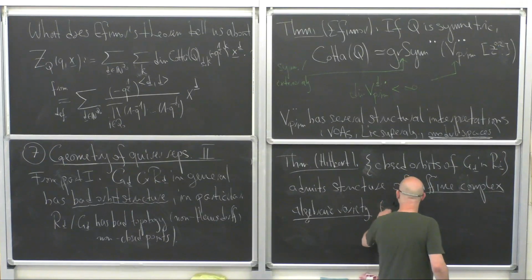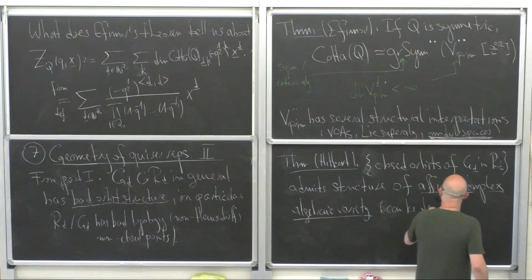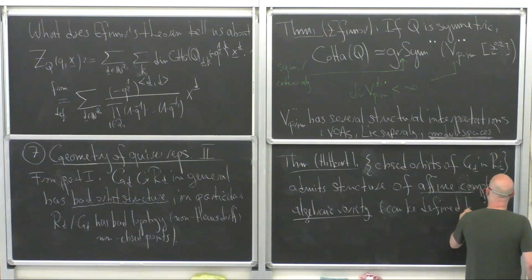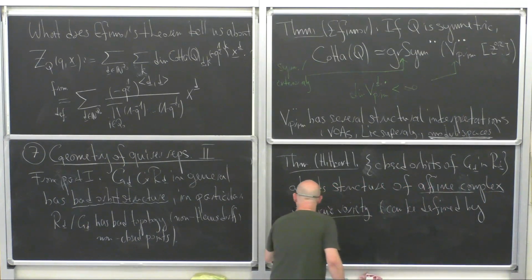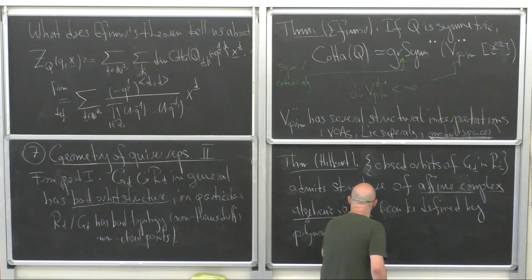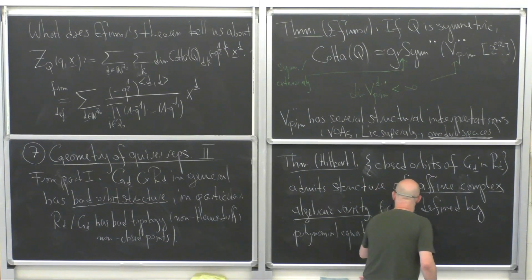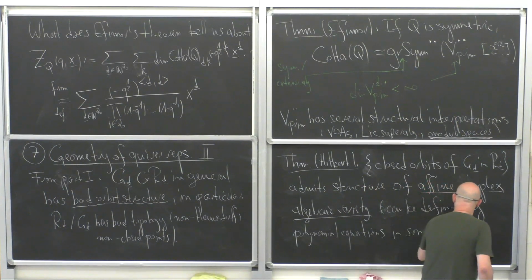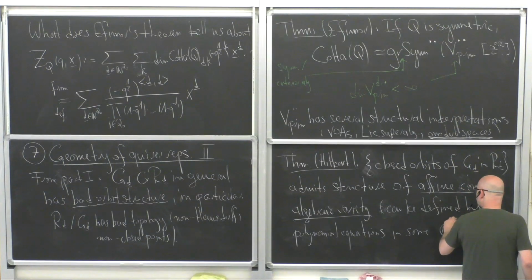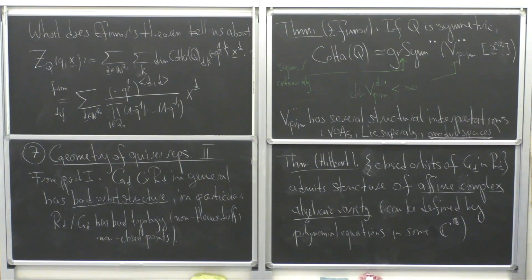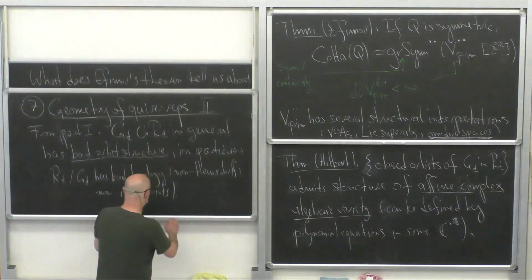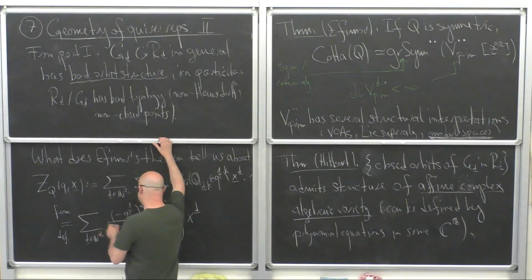So this means it can be defined by polynomial equations in some complex vector space. And it's not the end of the theorem. It's one more thing. And then we can look at two very nice examples.